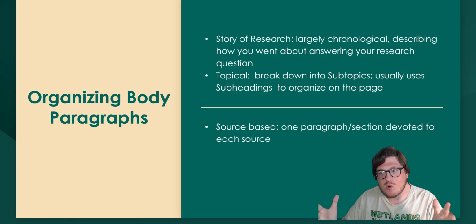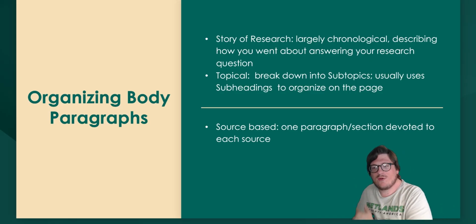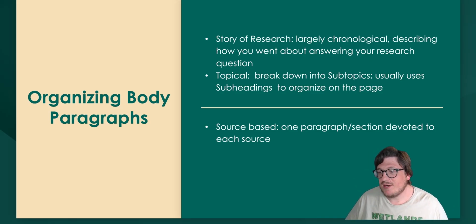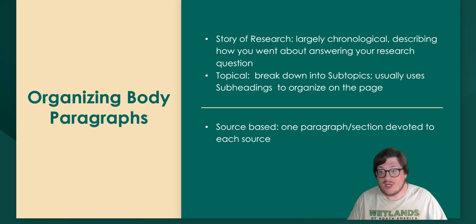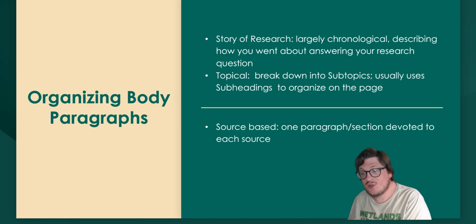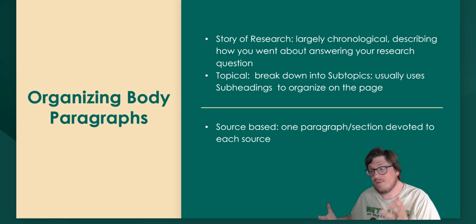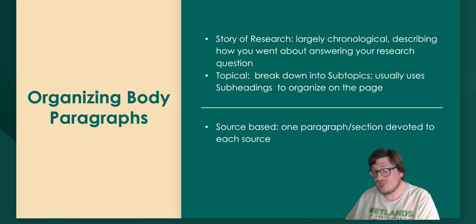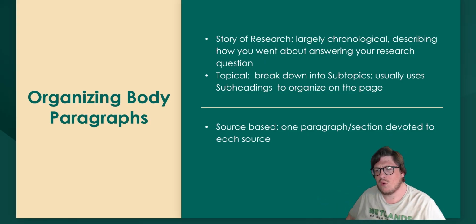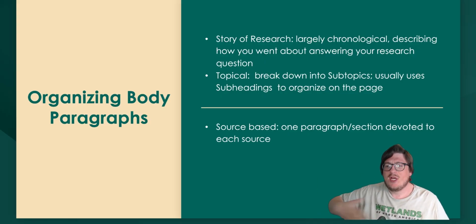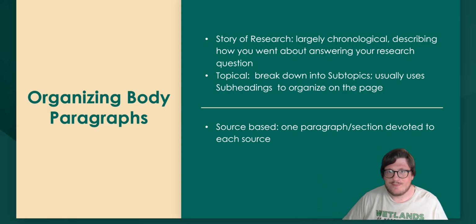You have this question that you're looking at, and you're going through sources trying to find an answer. So usually the organizational method that you use here is chronological. First I looked here, then I found this source. I went digging further in the sources from that source, and I found this other source. And here's what it said, etc. You've got a chronological order: here are the sources, here are the ideas I came across, and at the end you come to your answer.